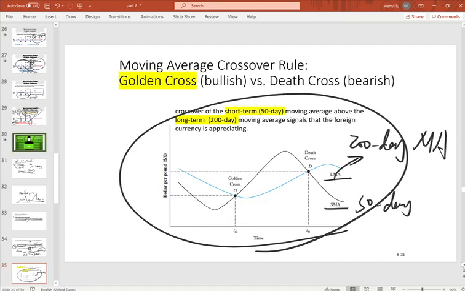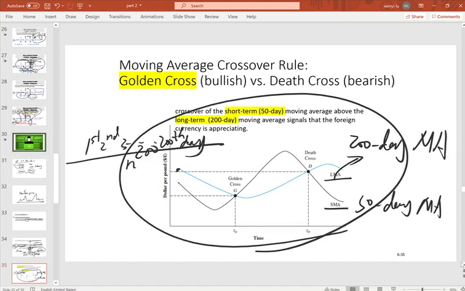What does that mean? For every dot on the long-term moving average, we use the total of 200 days of stock prices and take the average. From the first day, second, third, until the 200th day, you take all these days' prices and average them, and you get the first dot.